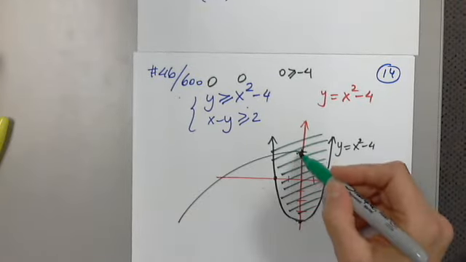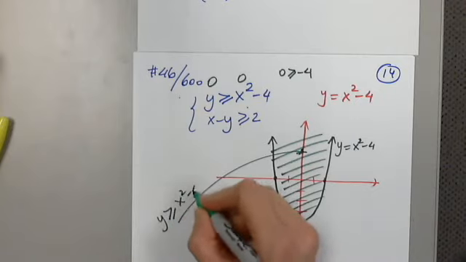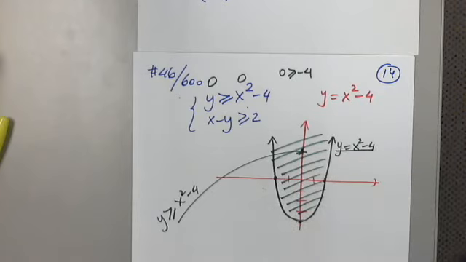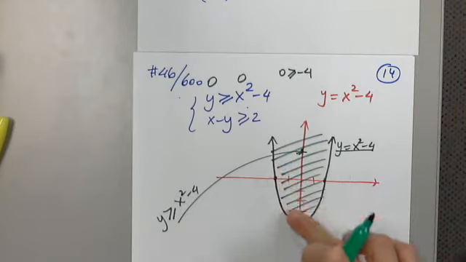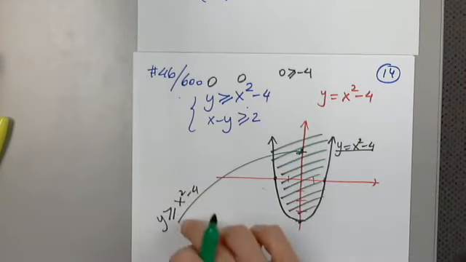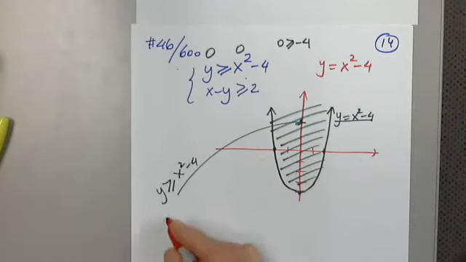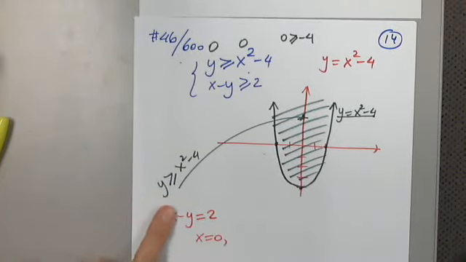So now everything inside is y greater than or equal to x squared minus 4. The curve itself is just this equation. All the area inside, including points on the graph, represent solutions to the inequality. So we are done with the first one. Oh, the second one is linear. x minus y equals 2. When x is 0, cover it and determine y.